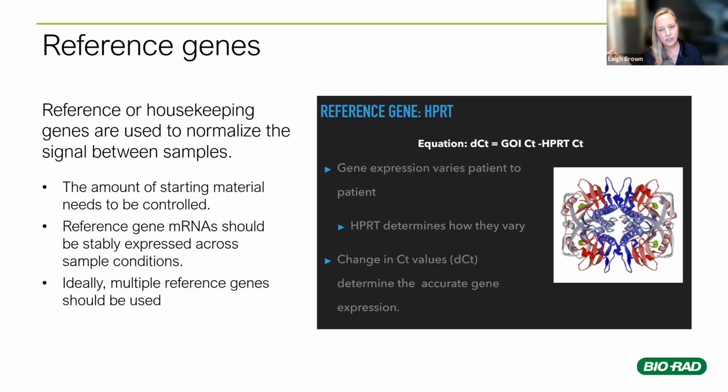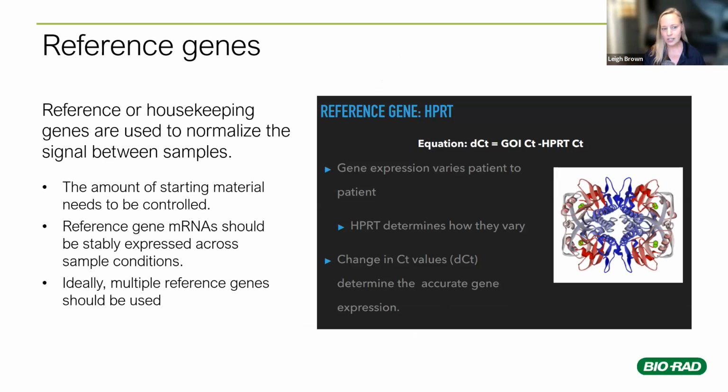We want to use reference genes. When I first learned all this, they were called housekeeping genes, and that nomenclature has fallen out of favor. But reference genes are what we use to normalize the signal between samples. We want to control for the amount of starting sample, and we want to make sure that the reference gene is stably expressed across all of our sample conditions, right?